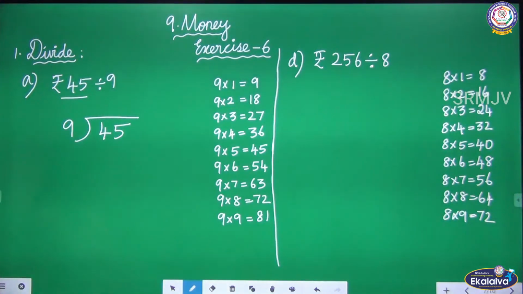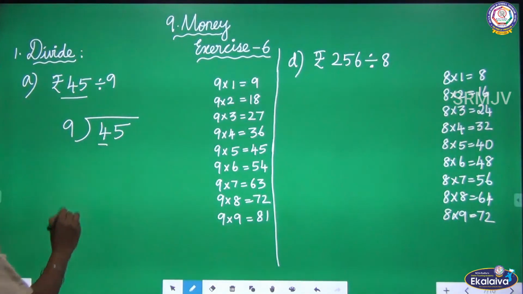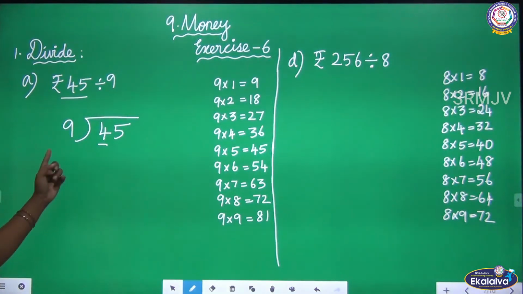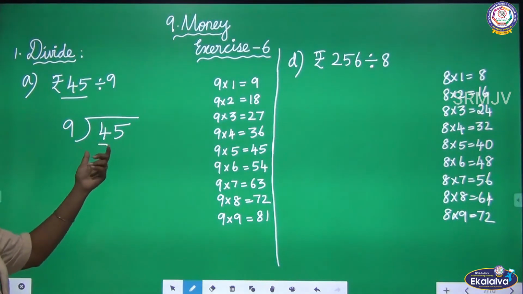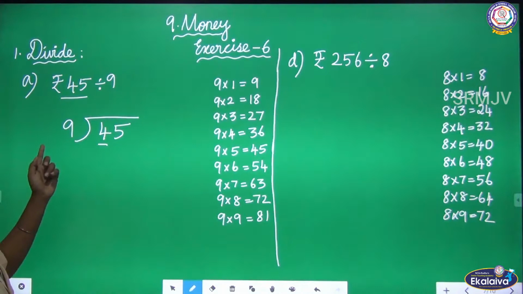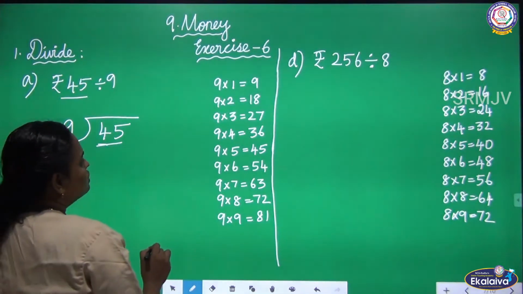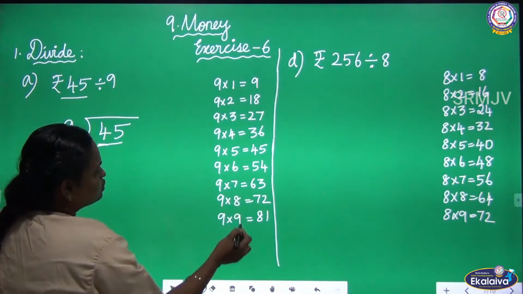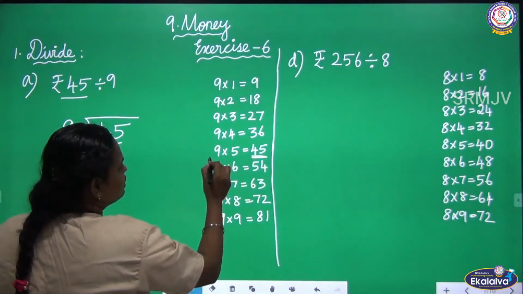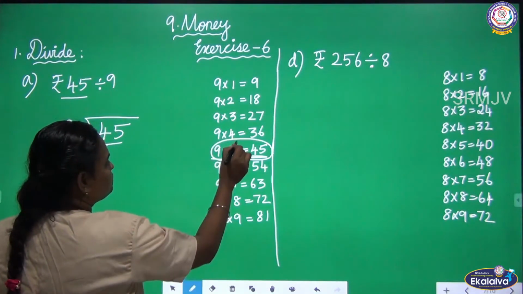Listen children, first let us check the first digit, it is less than the divisor. So we will take 2 digits, 45, because 4 is less than the divisor.